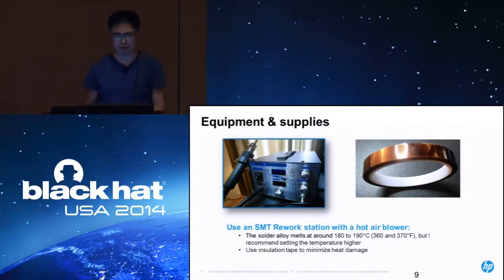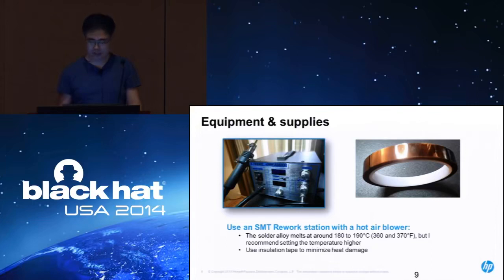The last option I found is straightforward: just use hot air to melt the solder and take out the chip. To do that, you need an SMT rework station. You can find it on Amazon or other places. This model is just $150, and it has really good reviews. But if you just buy the hot air station, it is around $100.